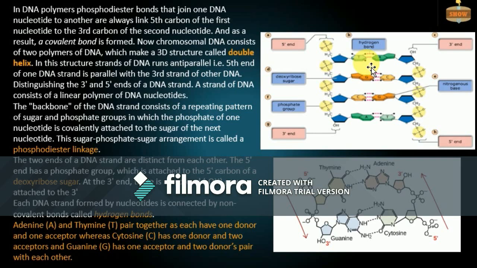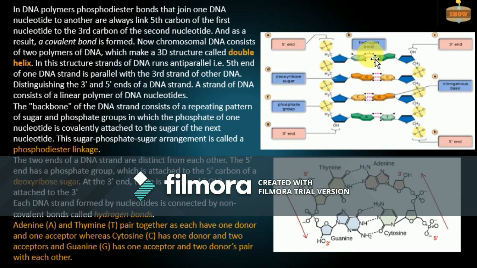One interesting thing is this: you can see the pairing of this bonding. A bonds with T, C bonds with G. See how they have formed a bond. A and T each have one donor and one acceptor, while cytosine has one donor and two acceptors, and guanine has one acceptor and two donors, and they pair with each other.